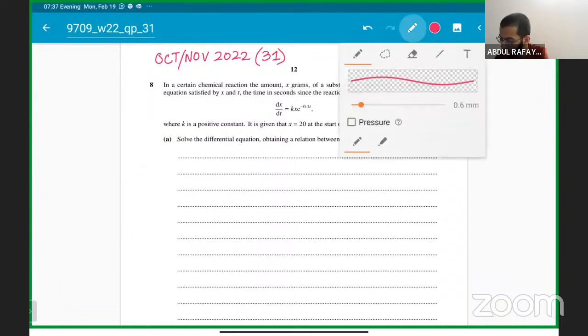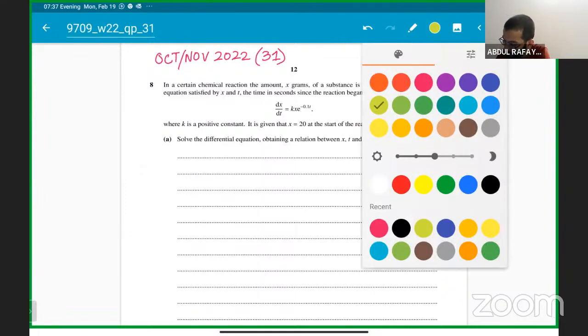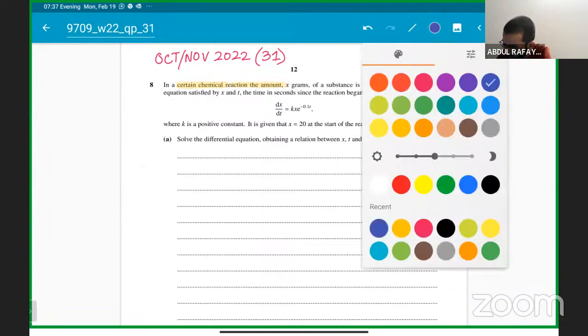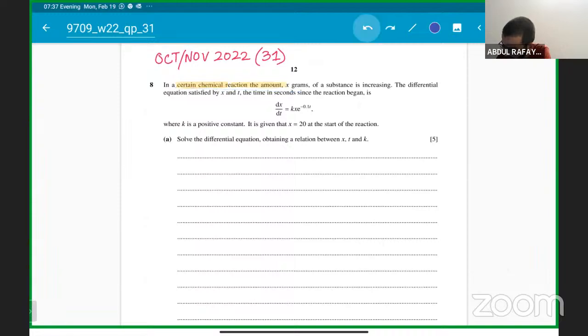Okay, so here we go. Let's get started and solving. So we have, in a certain chemical reaction, this is like a word problem, students. In a certain chemical reaction, the amount of X grams of a substance is increasing.